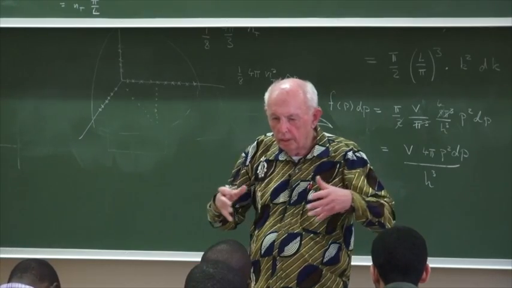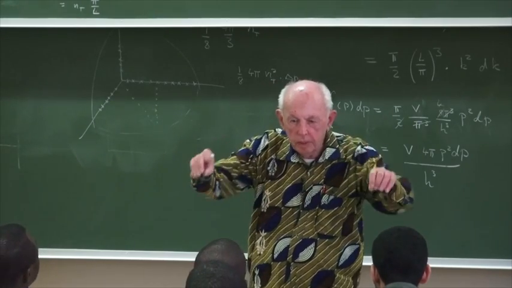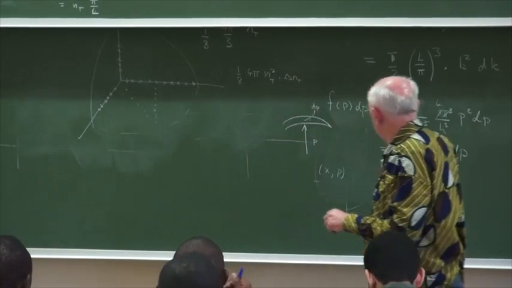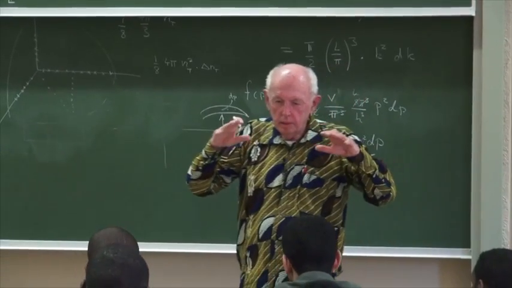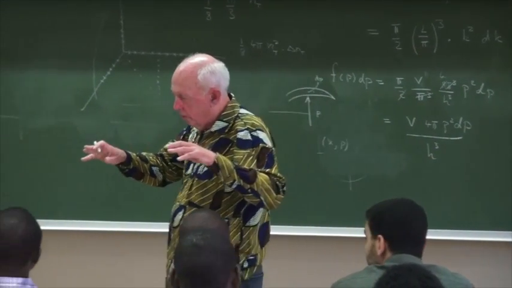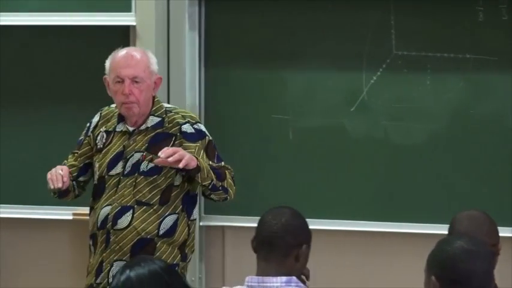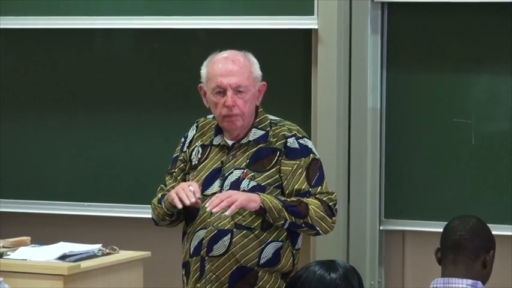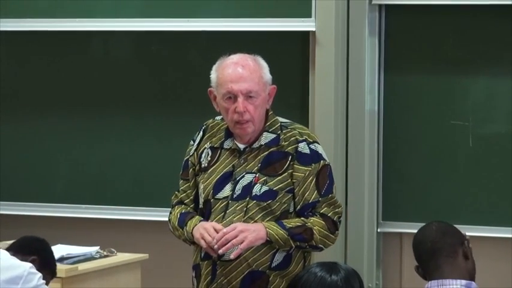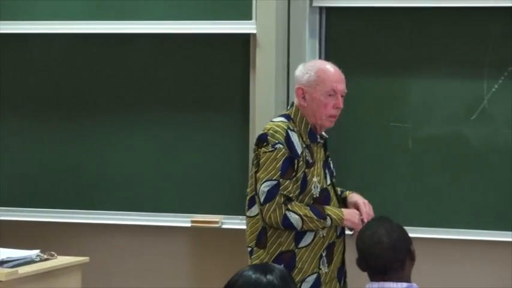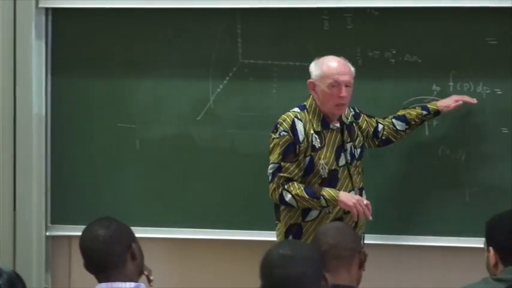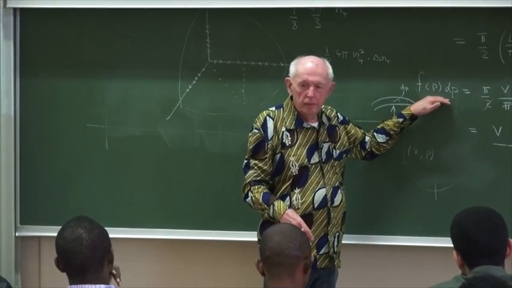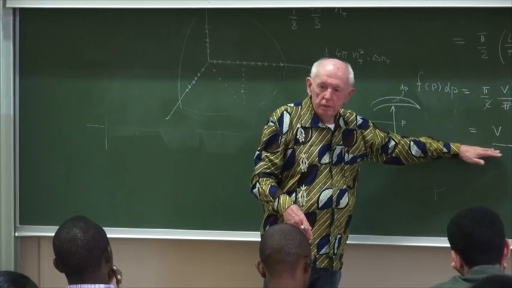No? So I need to count the possibilities where I can put them. And this is the same thing here. So we look at the system, and at the moment we're still talking about one particle. But we just want to know how many possibilities there are for this one particle to be in. And that, in terms of normal phase space, as we have defined here, is given by this number.